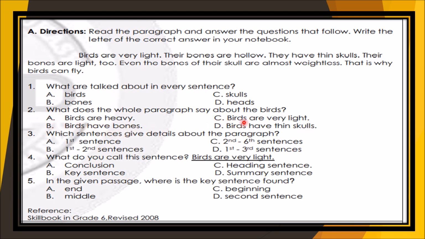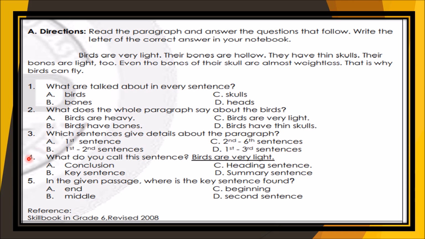C. Birds are very light. D. Birds have thin skulls. Okay, third question. Which sentences give details about the paragraph? A. First sentence. B. First to second sentences. C. Second to sixth sentences. And D. First to third sentences.